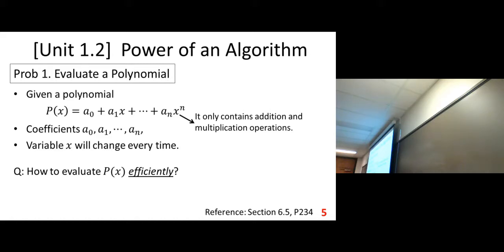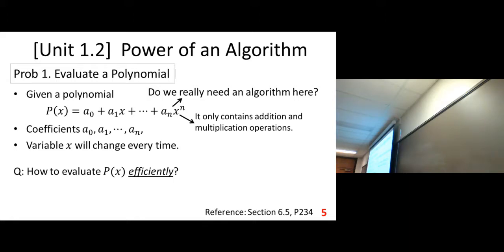How do you get an idea about its efficiency? We look at the number of additions and then the number of multiplications. So you may feel we don't need an algorithm, right? Because based on the formula, if I ask you to write a program, does everybody use the same way to write a program?